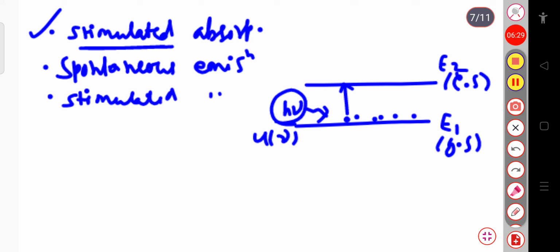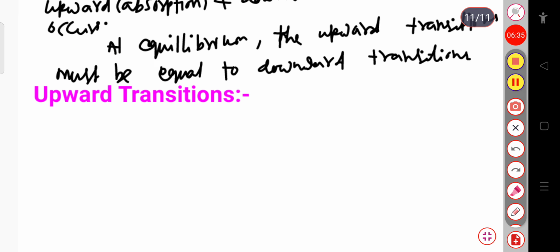Now let me first write for the upward transition, after that I will discuss the downward transition. So in case of the upward transition, this is for stimulated absorption.